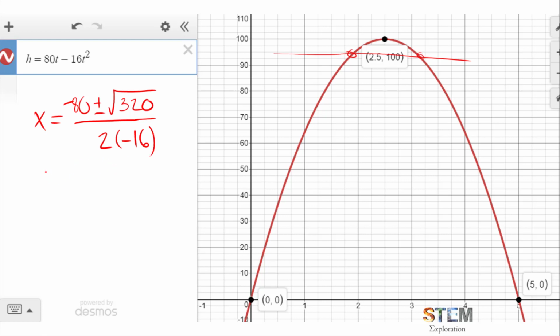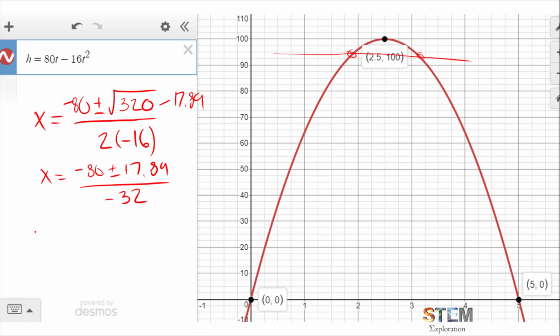So if we have this, we'll say x is equal to negative 80. Let's simplify the square root of 320 here. And if we do that, what we'll find is that this is equal to 17.89. So we can say negative 80 plus or minus 17.89 all over negative 32.